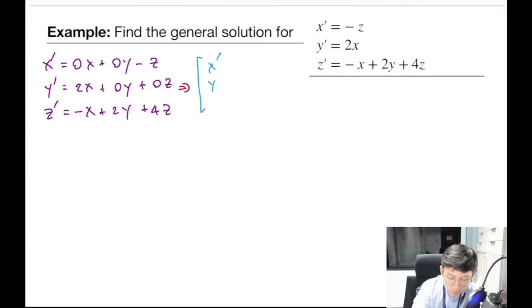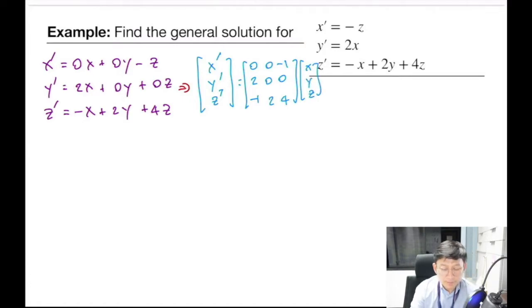X prime, y prime, z prime. Okay, and the matrix A would be 0, 0, minus 1, 2, 0, 0, minus 1, 2, 4. And we get x, y, z here.